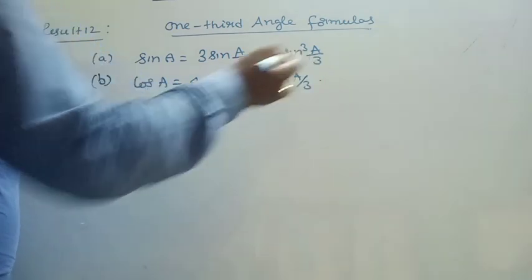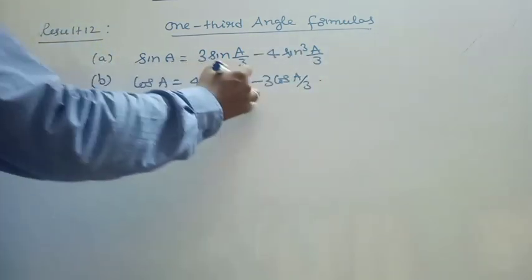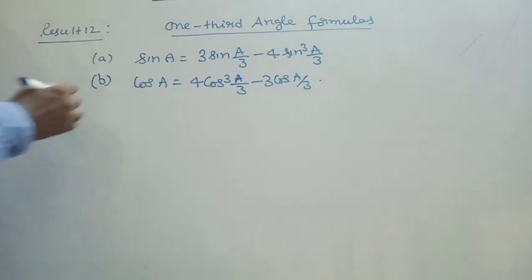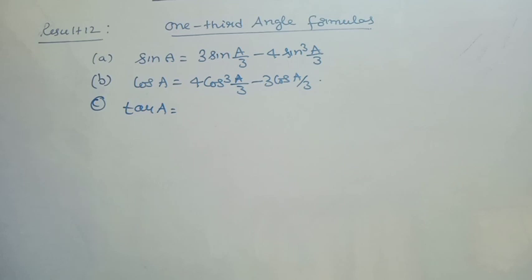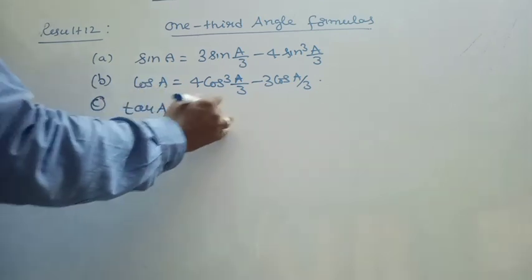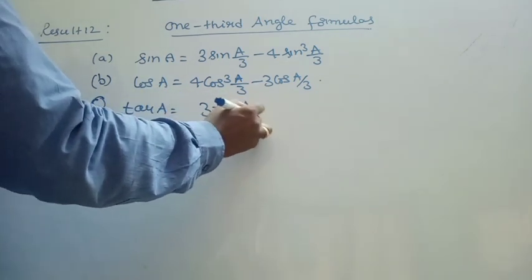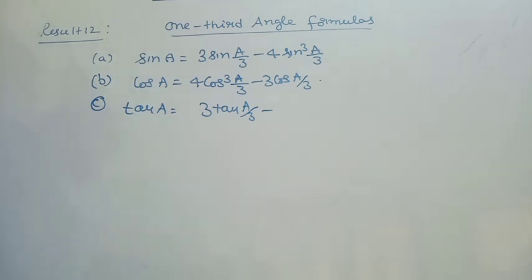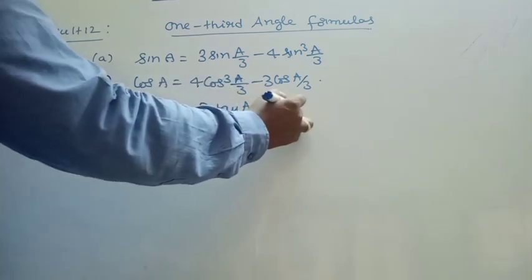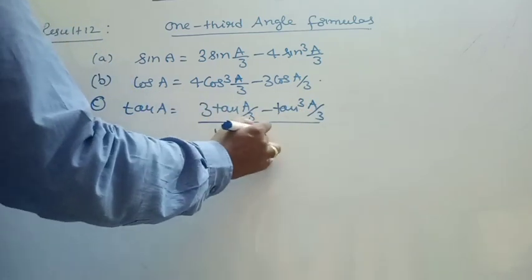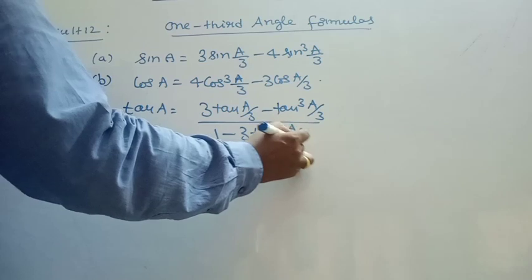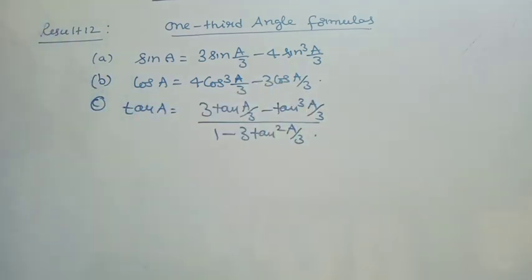Next, the same 1/3 angle formula for tan 3a: tan a equals (3 tan a by 3 minus tan cube a by 3) by (1 minus 3 tan square a by 3).